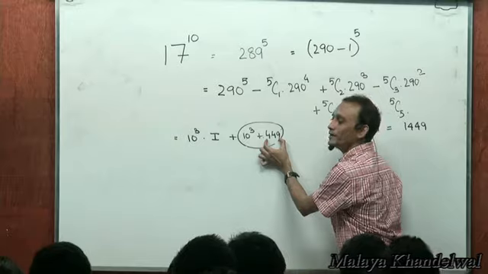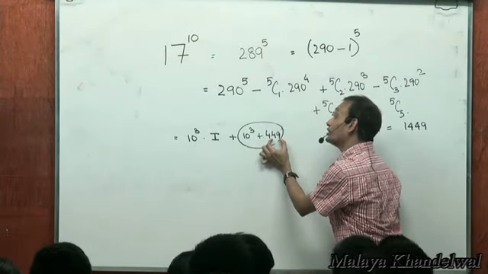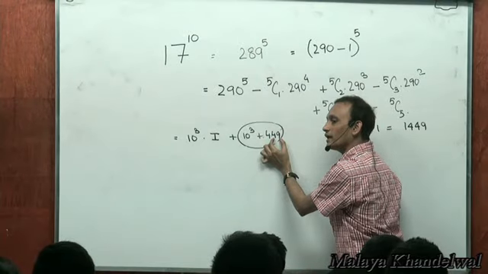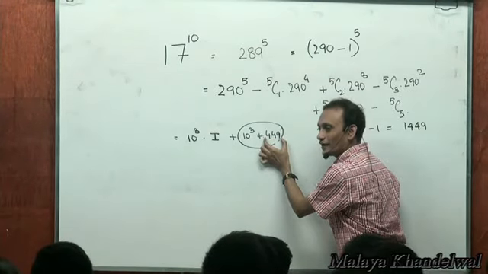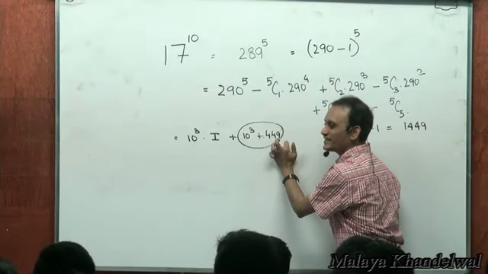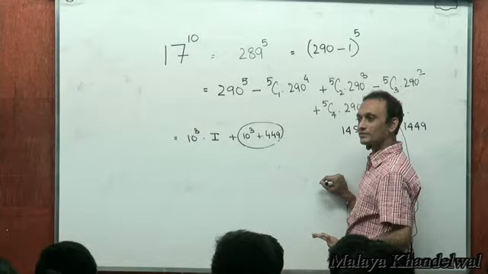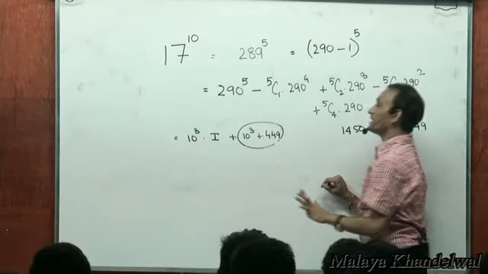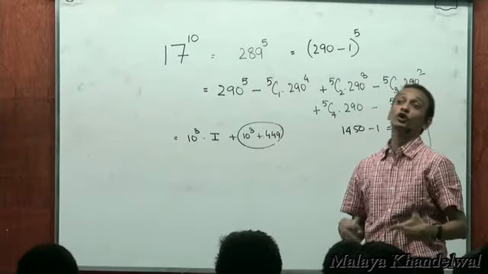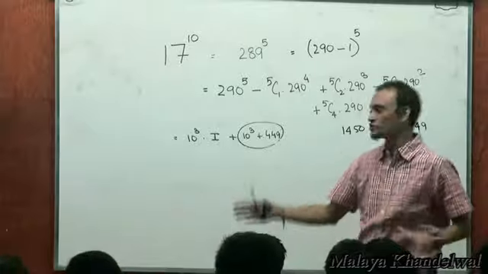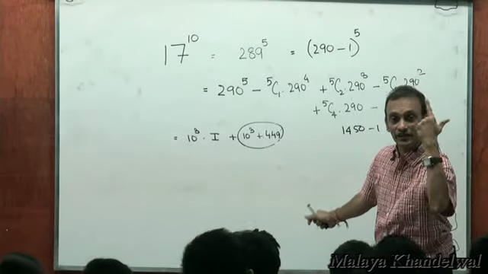When you divide by 10 squared, the remainder would be 49. Last 3 digits are 449. Last 2 digits are 49. The last digit is 9, which was not an issue. The last 3 digits of this number 17 to power 10 would be obtained on dividing by 1000. When you divide this by 1000, you get the last 3 digits, which is 449. How about it?